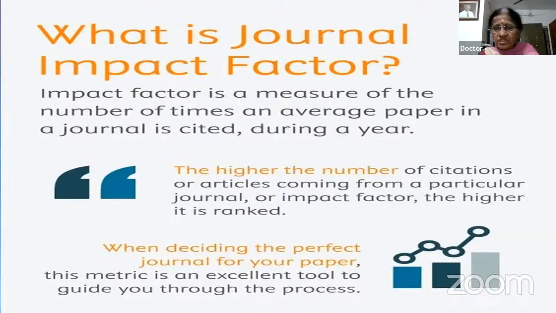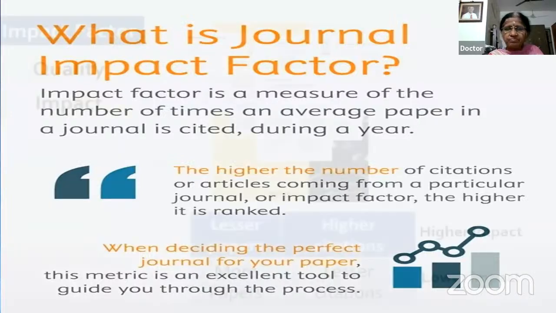The higher the number of citations coming from a journal, the higher the impact factor. When deciding the right journal for your paper, this is an important metric to guide you through the process.